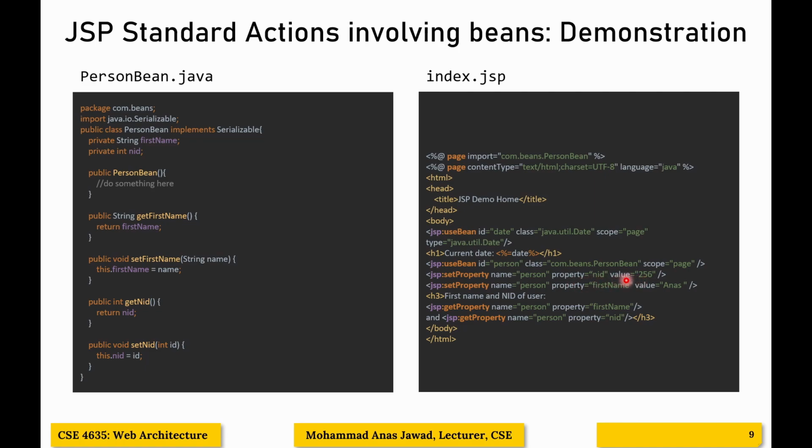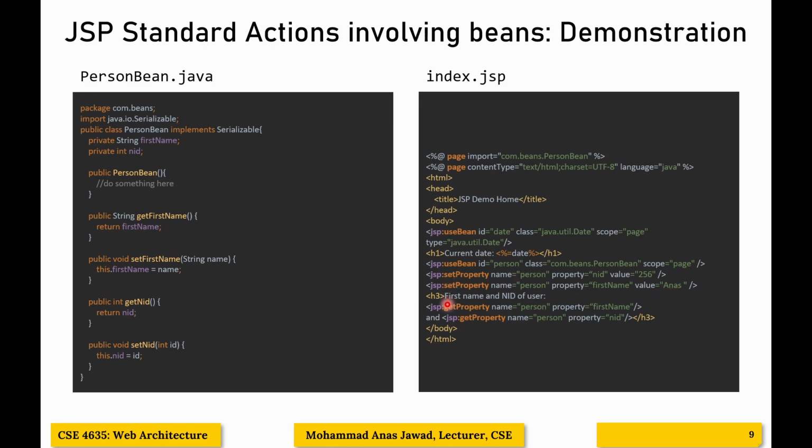The value of this NID property is going to be 256. Similarly, we have called the setProperty action tag again to set the firstName attribute inside our PersonBean object, and we have assigned it the value Anas.